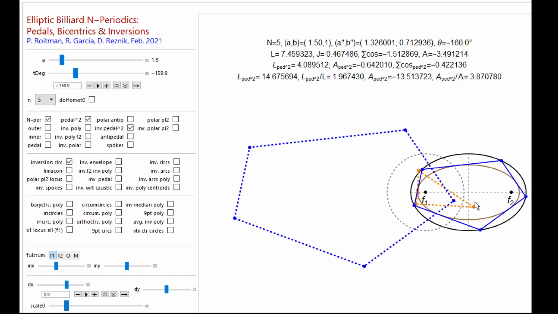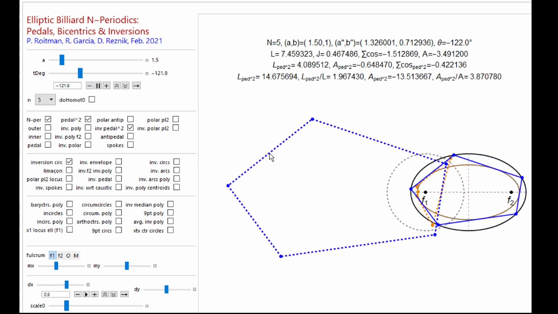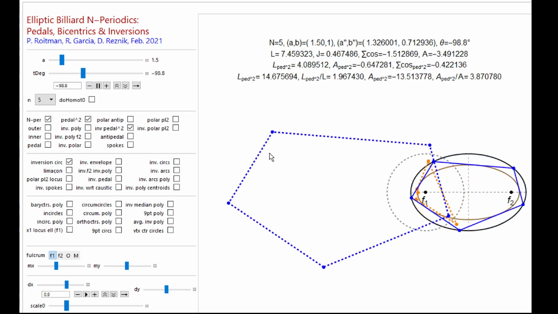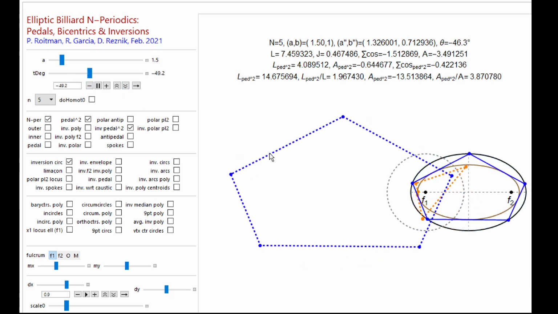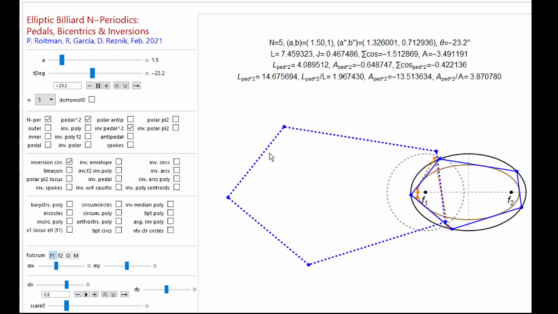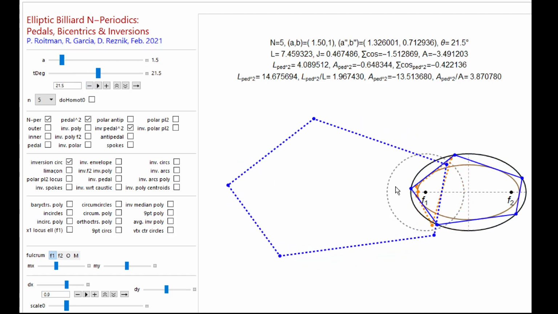So when I perform the inversion of these orange vertices with respect to the circle, I get this new dashed blue family, which is rather interesting because it is a perfect homothetic copy of my original family of 5 periodics. Now you can see it's scaled up a little bit, but of course, and I don't have this control here, I could again choose a particular inversion radius to make this dashed blue billiard family be identical to the original 5 periodic family.